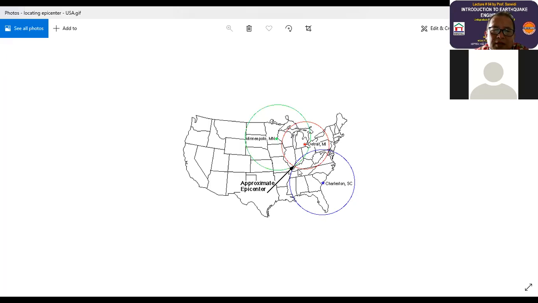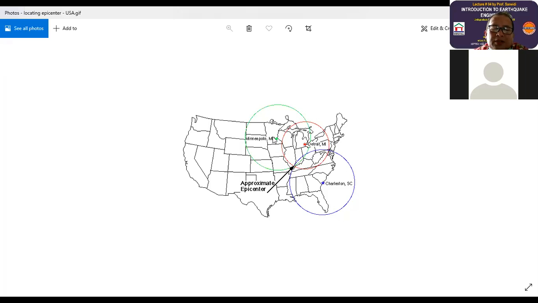So there is a place we call the approximate epicenter. Because there are many circles here, thousands of recordings, there is not simply an exact place, but we use a statistical approach to determine the epicenter.